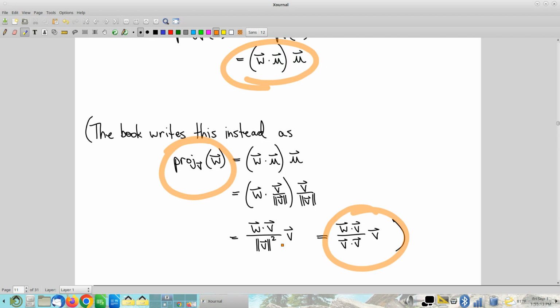Now, the book goes with this one. There is something I don't like about this formula. It is giving too much attention, in my opinion, to the v vector. V's job, really, was just to define a direction. The fact that v has a magnitude that isn't 1 serves no purpose here.